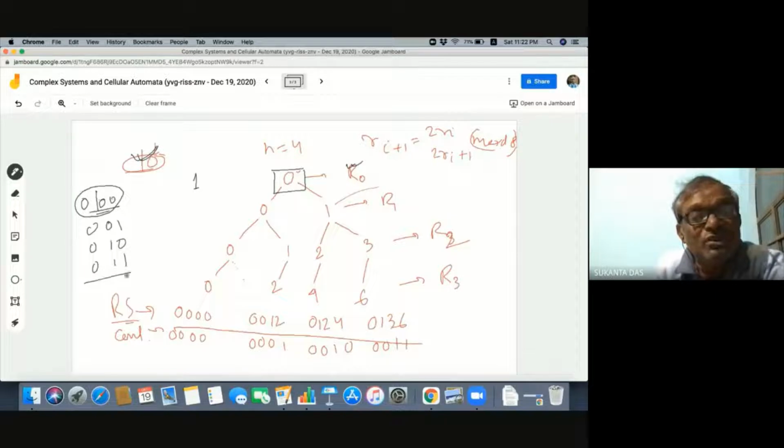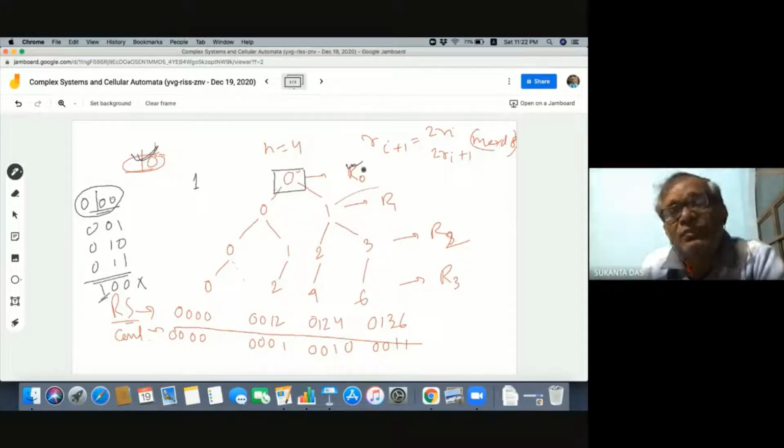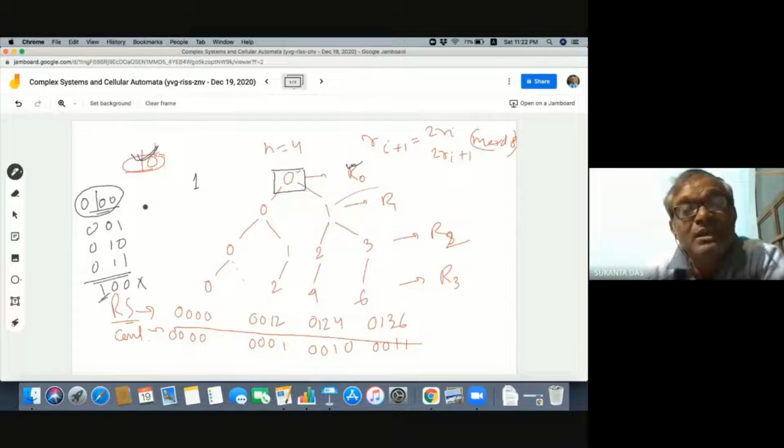Only four options you have for the null boundary case for R0, because you cannot have 1 0 0, since with null boundary 1 cannot come, right? So just I'm telling you, for R0 only, there are 4 RMTs that are valid. And I'm again using the term valid RMTs.